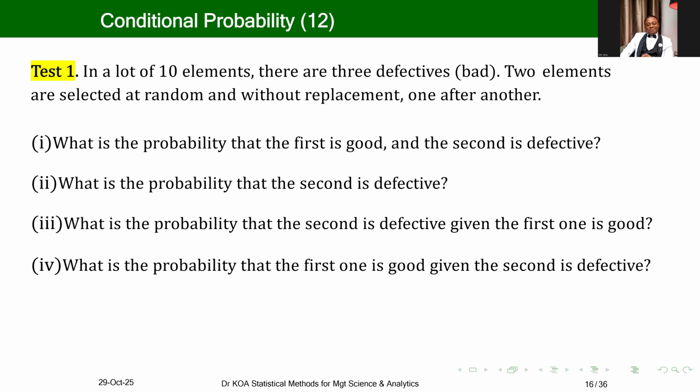So Jerry, which one did you get? There are two answers here. So I have 7/10, and finally I have 7/30. Okay, let me see. I think you're right.